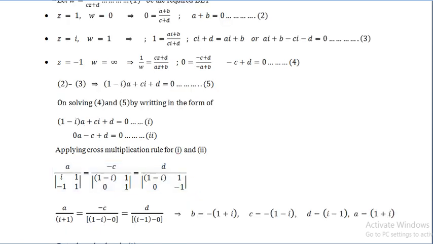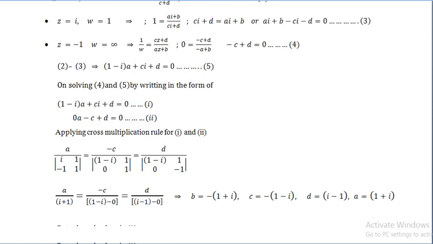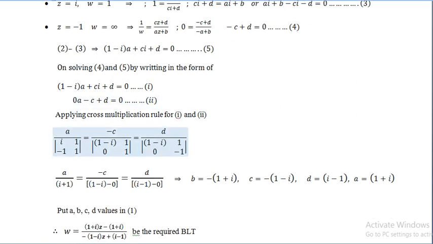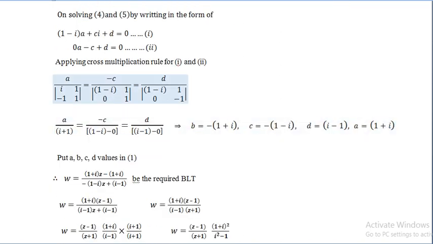So now we are applying the cross multiplication rule for these two equations. So use plus minus plus here, a, minus c, plus d. So use the coefficient of c and d in these two equations, and for c use the coefficient of a and d, and for d use the coefficient of a and c. So a divided by i into 1, i, minus 1 into plus 1 is minus 1, but sign is minus in this direction, so it becomes i plus 1.